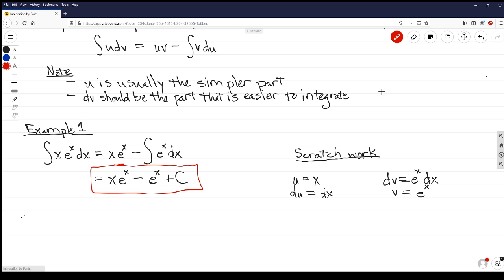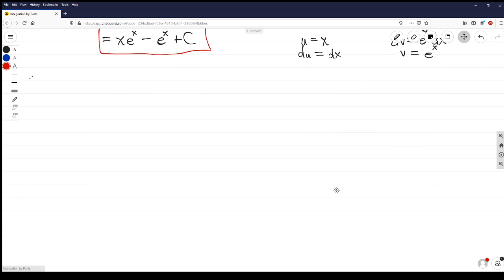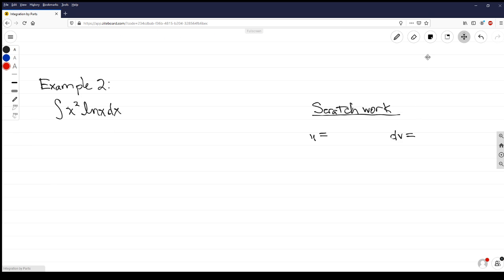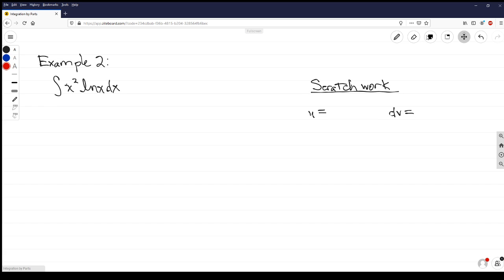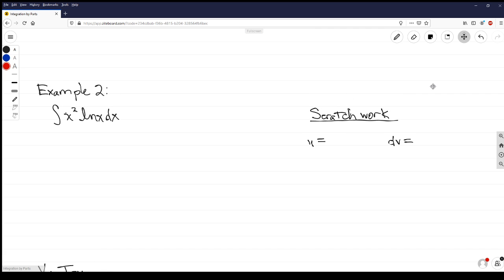I have another example. Let me bring it up here. All right, there's example 2. Give us some space here. Example 2. We'll put it right there. Okay.